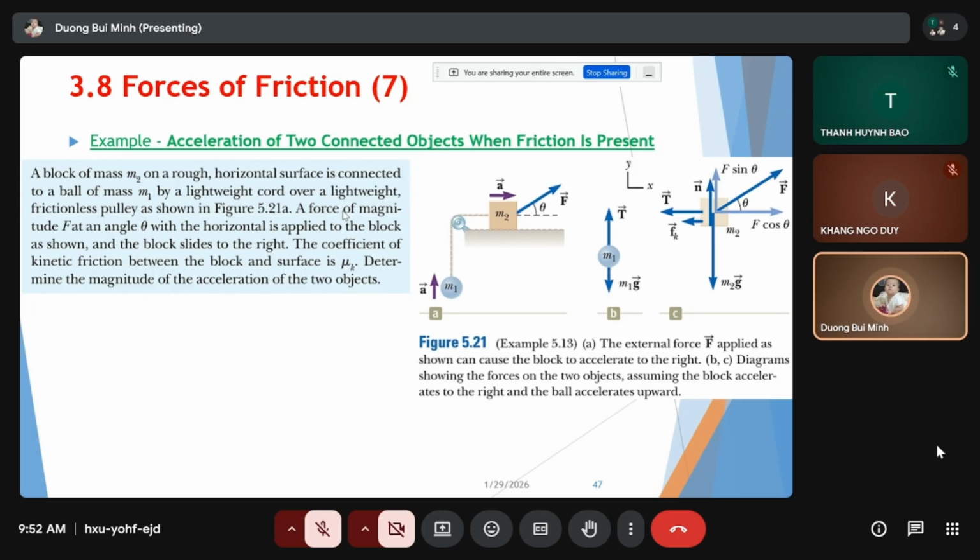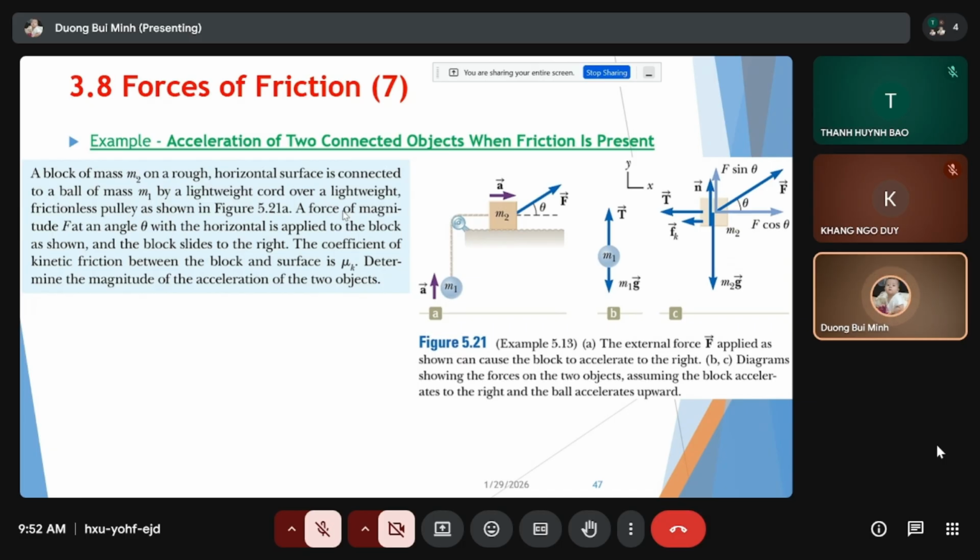So why do we study this one? We are ECE students. Why do we study this one? This is a physical model, I mean, this is mechanical objects. Think about this one as an elevator. This one is a motor. Electric motors.